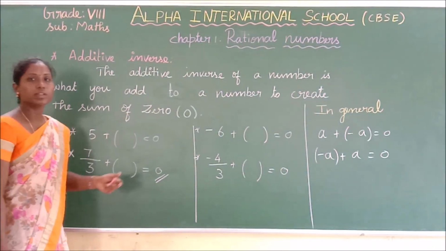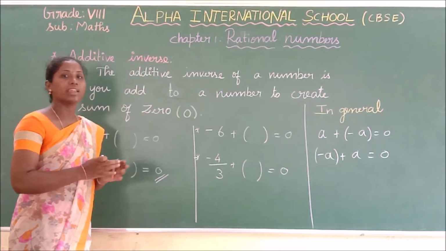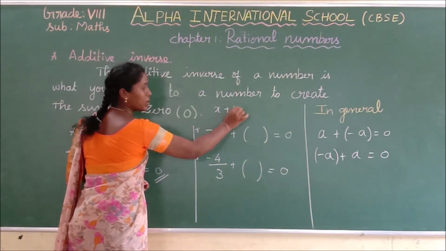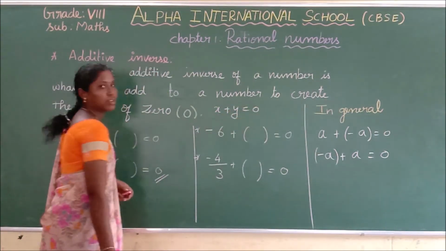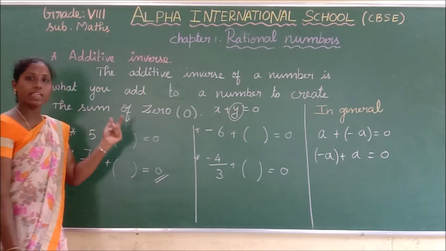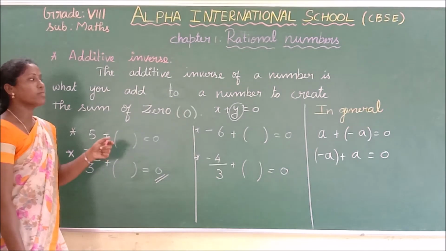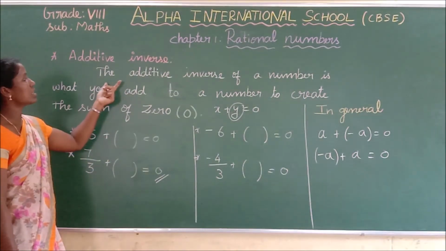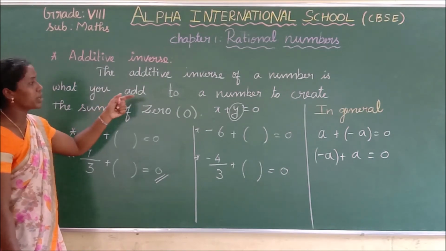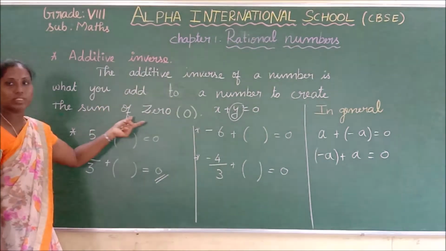For example, if you take x and add a number y and the result is 0, then y is the additive inverse of x.